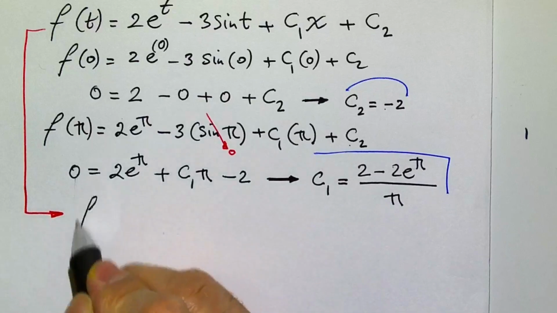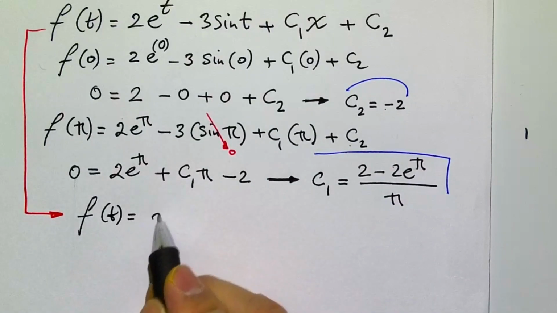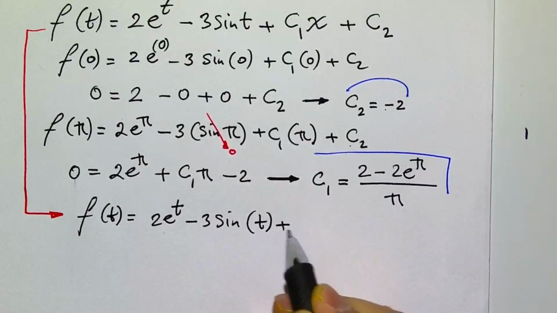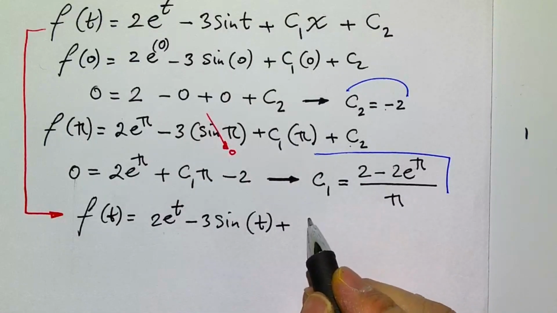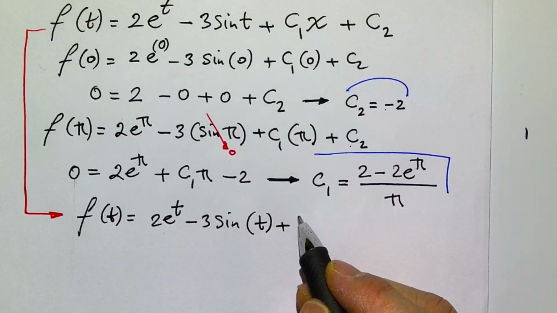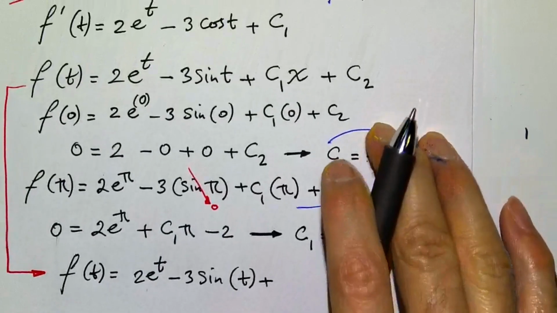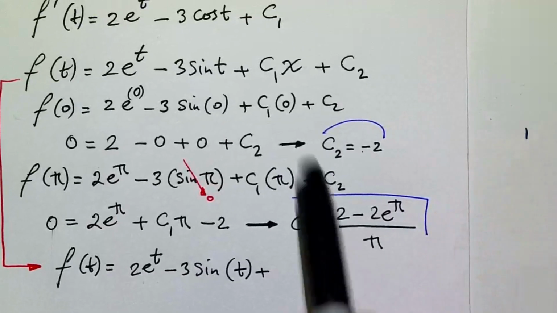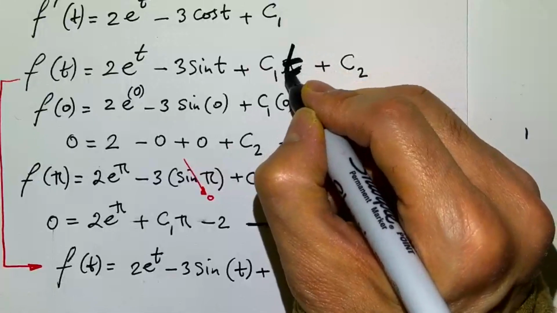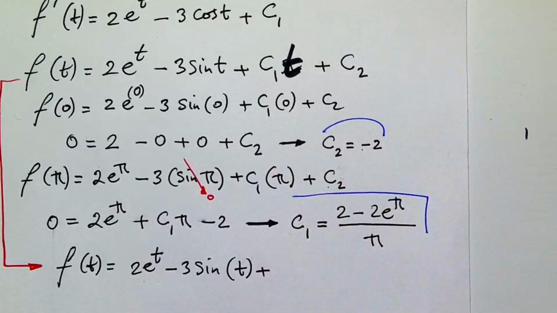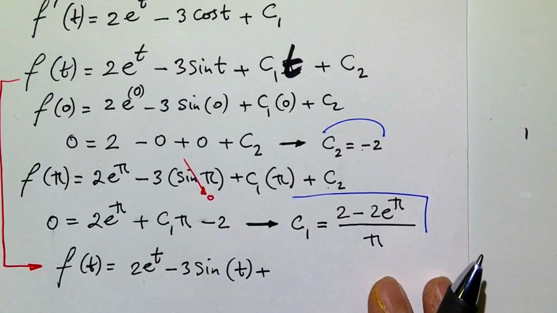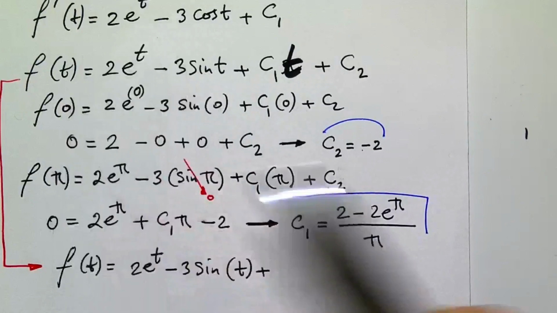So we have f of t equals 2e to the t minus 3 times sine of t plus all of that times t, sorry, I wrote x here. That should be t because the variable here is t. I'm sure if there was a class as I did this, one of you would correct me. But since you're not here, I catch it later, or I might not even catch it. But that should be the same variable we've been using.